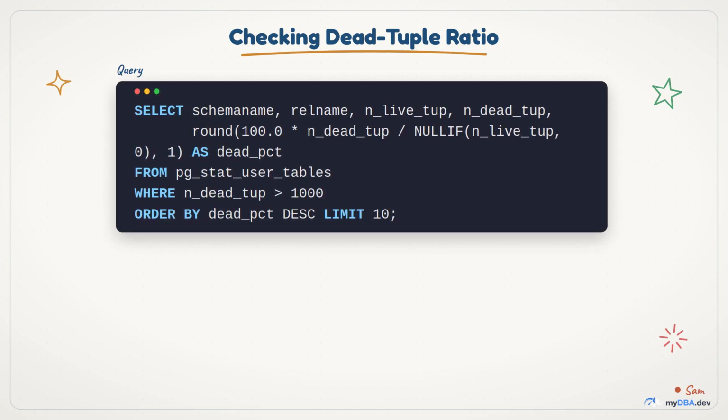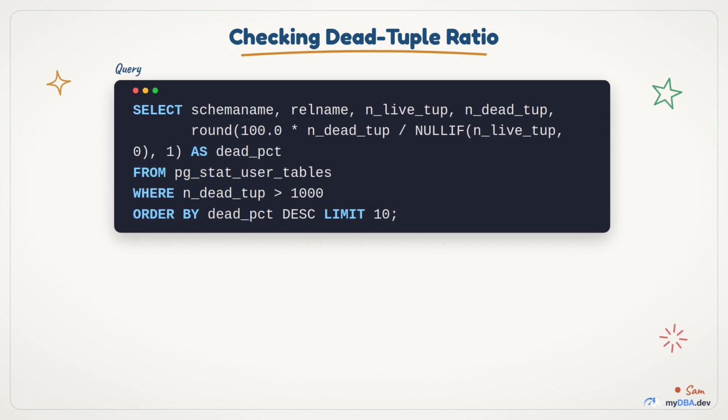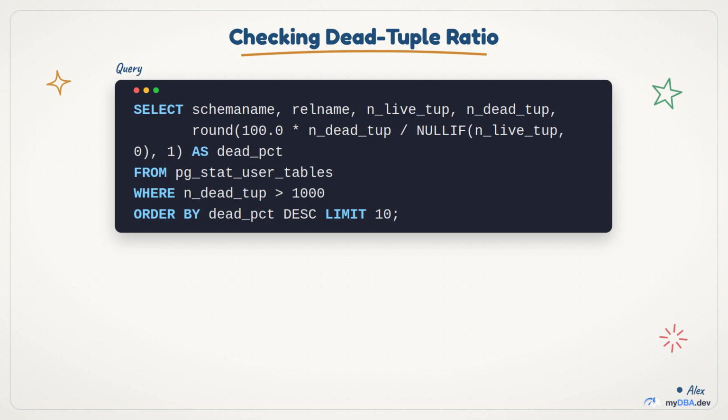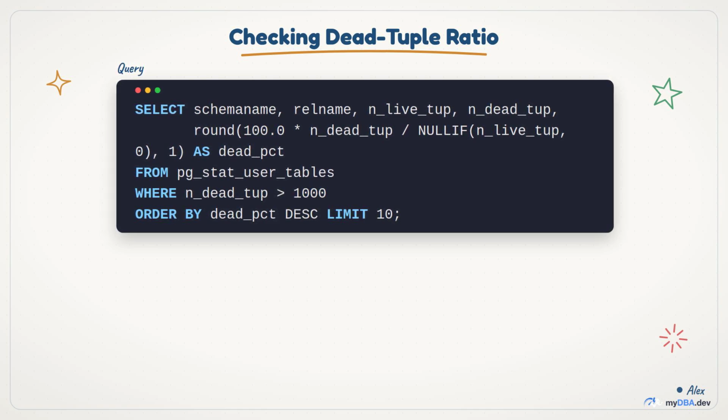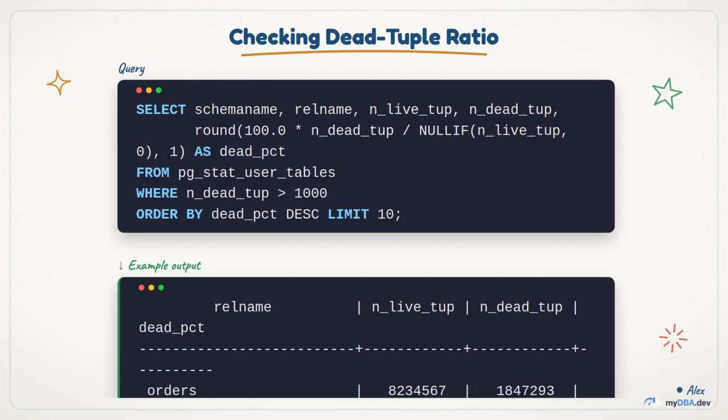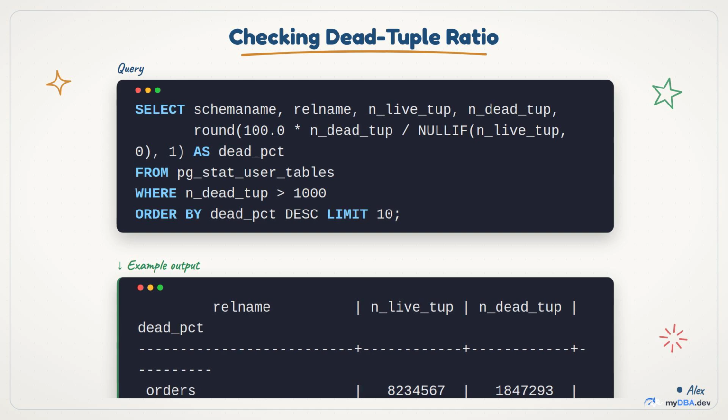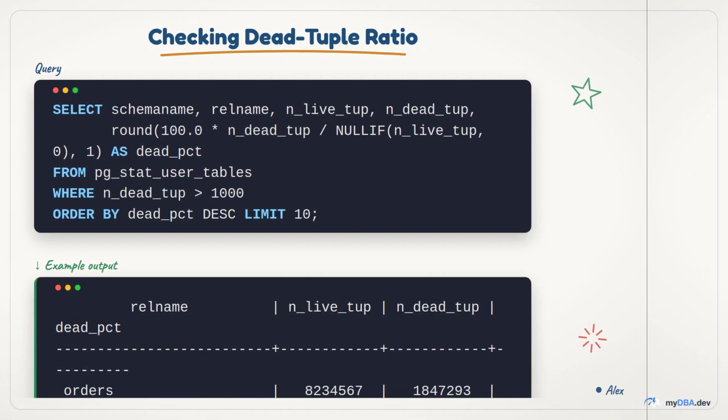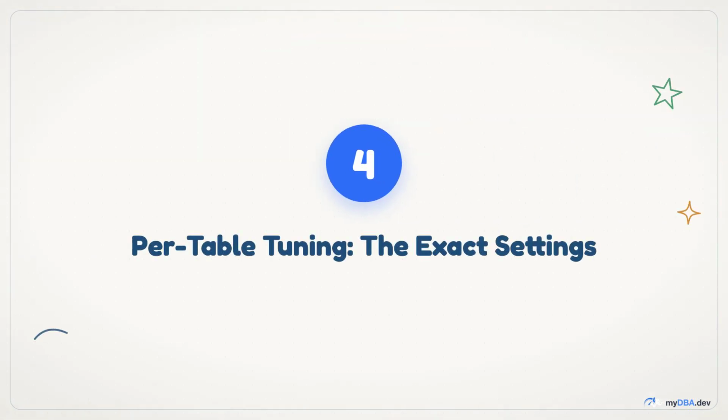So for those hot tables, I want to lower the scale factor so Autovacuum starts sooner? Exactly. And you probably also want to raise the cost limit per table so it finishes faster. Let's look at the exact ALTER TABLE syntax. Here's where you fix hot tables, per-table storage parameters that override the global defaults.